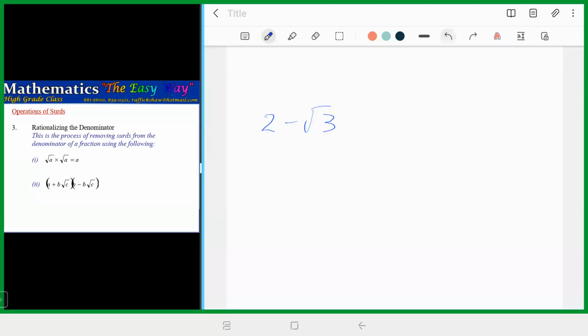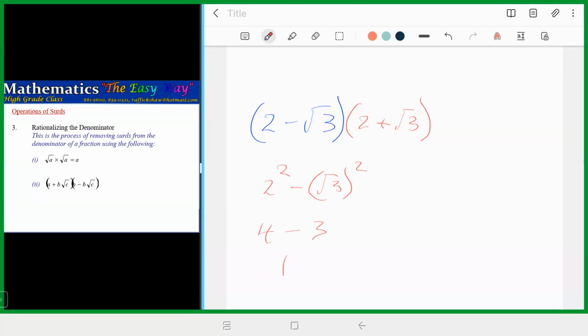If I multiply this by its conjugate, which is 2 plus root 3, then I have set up the difference of 2 squares. And that's the method we use to rationalize surds. So it becomes this squared minus this squared, because that's the difference of 2 squares. So this really becomes 2 squared minus root 3 squared, which becomes 4 minus 3, which becomes 1.